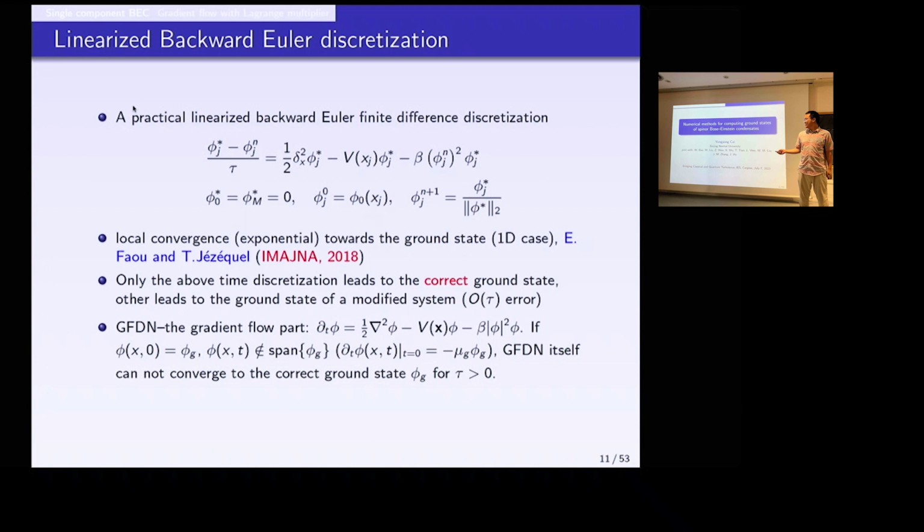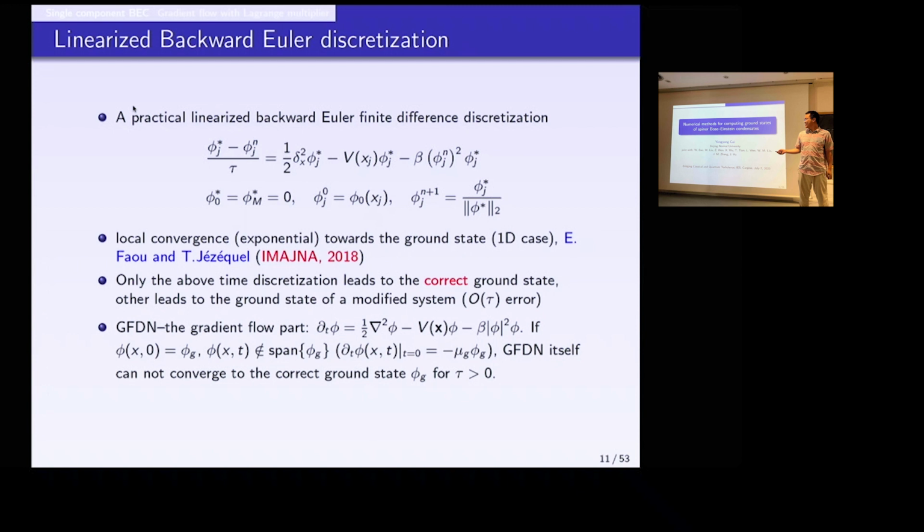But then it was discovered by Faou and collaborators in 2018 that only this algorithm will converge to the correct ground state for our purpose. The other one, if we do it fully implicit or fully explicit, the solution converges, but converges to a different state with an error depending on the time step size tau here.